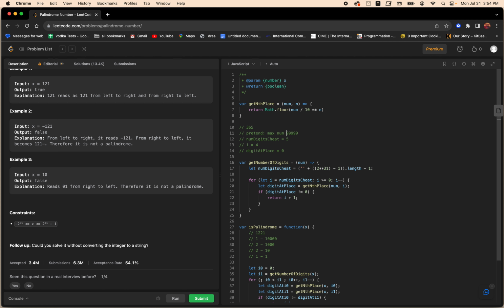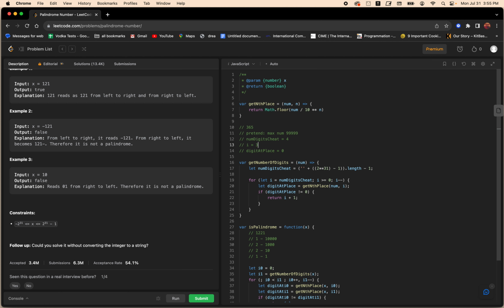Because if this is where we're at, then this is 0's place, 1's place, 2's place, 3's place, 4's place. In other words, 10 to the 4. So this really needs to start at 4. 0-based indexing, just like you expect it to be. So we actually start with 4. The digit at place 10 to the 4 is 0 for this number.